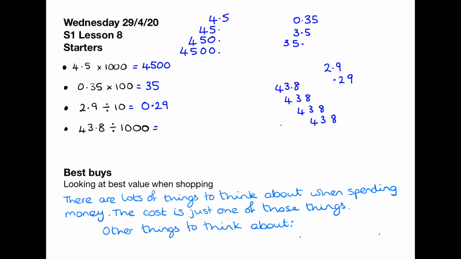Okay, now remember that the decimal point stays where it was. So we can see we've got a gap there. So we need 0.0438. Okay, so that's our starters done.